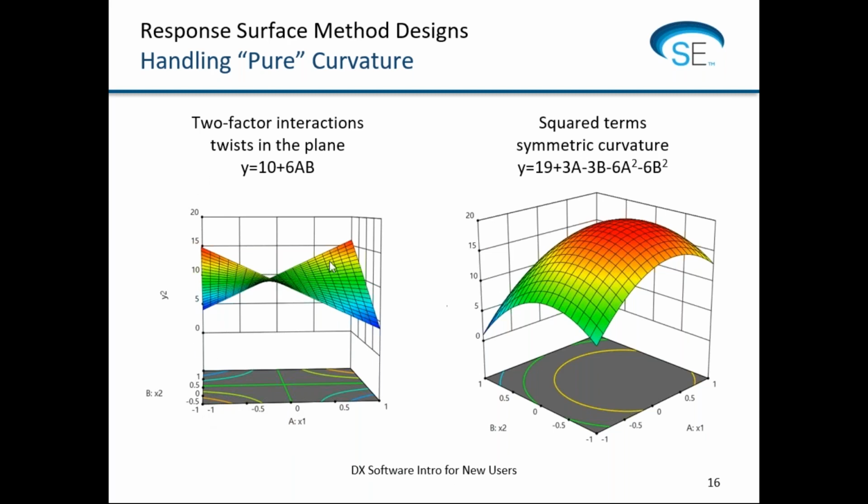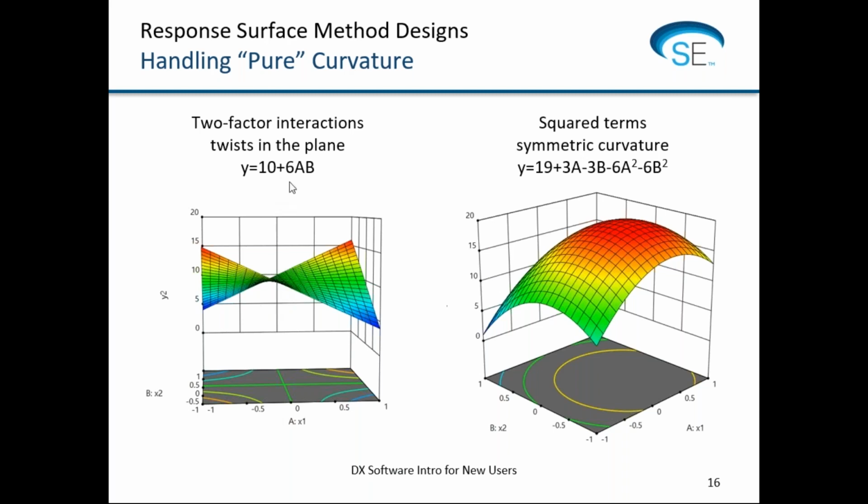This contour is the response surface that we create by using a 2-factor interaction model. What we notice is that with a 2-factor interaction model, all we're really doing is putting a twist in the plane. We cannot create a hill or a valley in the response surface. All we can do is put a twist to the plane.